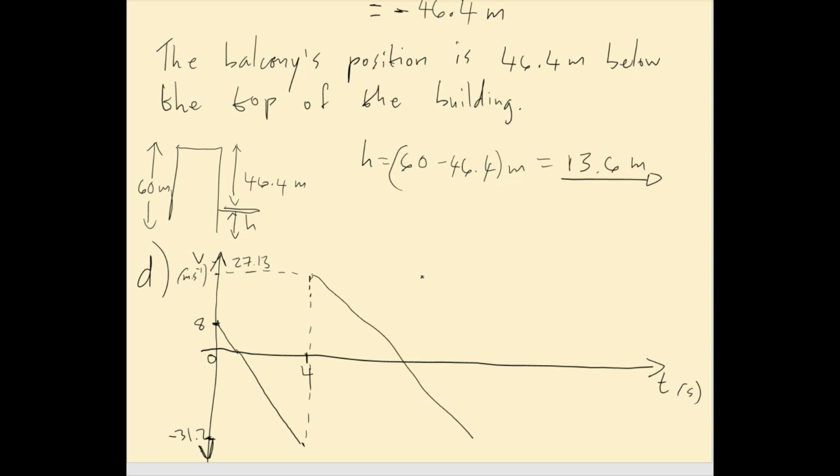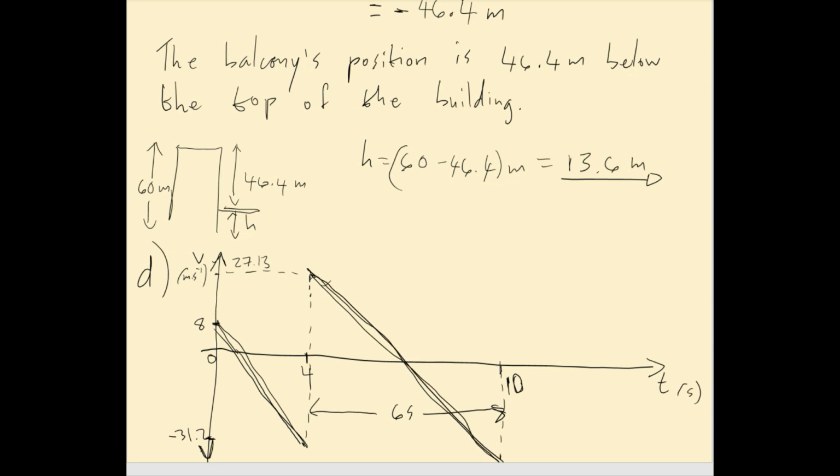We don't really care where it goes to, but it takes 6 seconds. And then after 6 seconds, I mean, it probably will bounce again, but that information is irrelevant. This is that 6 seconds that's mentioned after bouncing off the balcony. So here you have basically 2 parallel straight lines.